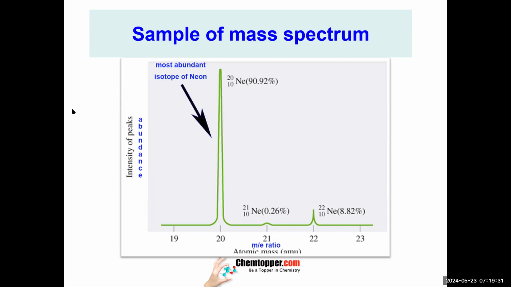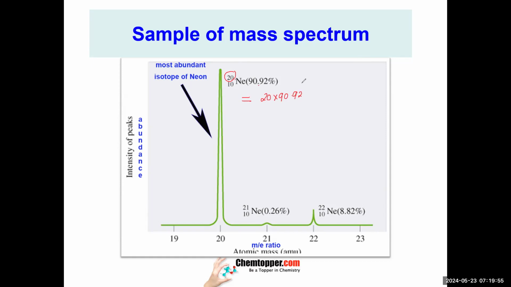Yes, 20.18. Now, how to calculate the average atomic mass using this information? You are going to take the mass 20, and take a weighted average. In the question, they will give you more accurate masses.